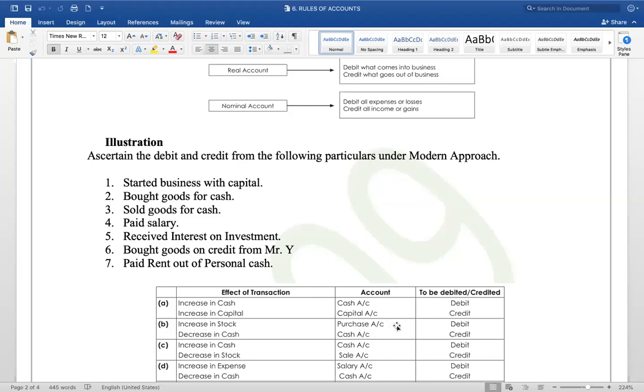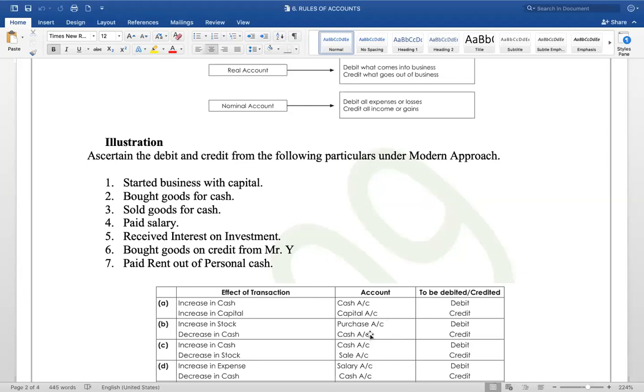But some people have the practice of simply writing purchases account, some write goods account, and some write the full purchase of goods account. So whatever you write, it is correct. It is the same. It depends on the convention.